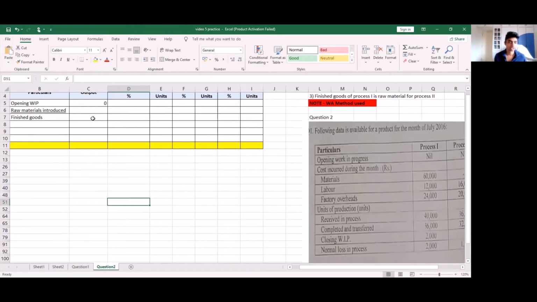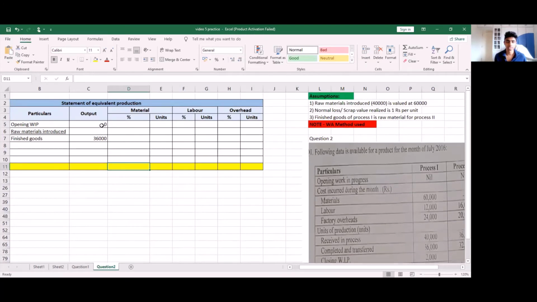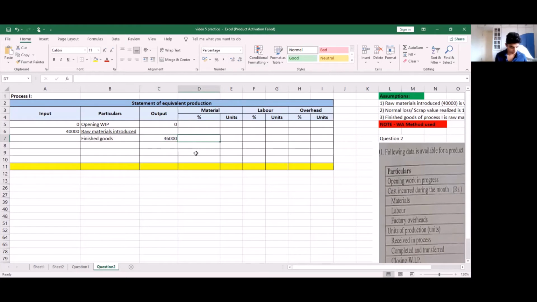So we will write finished goods as 36,000. Here again, we have no value in our output for opening work in progress, so we will write the entire figure in finished goods. We know 100% of the work is completed for finished goods. So let's quickly fill in these figures. 100% of 36,000 is 36,000.